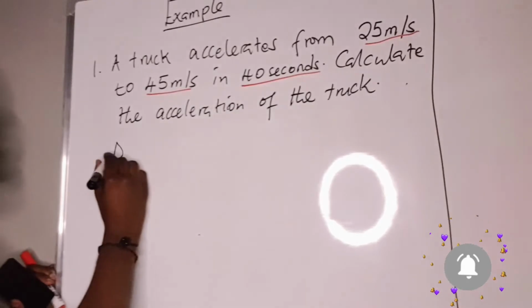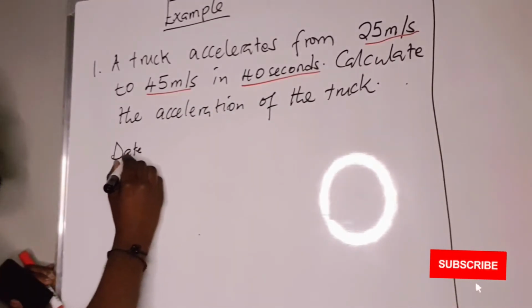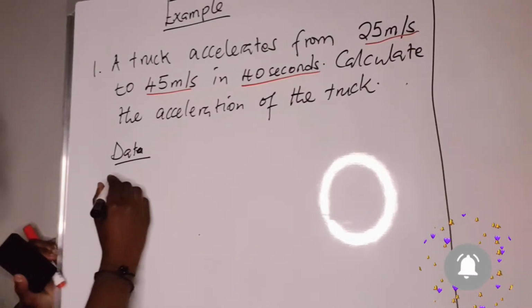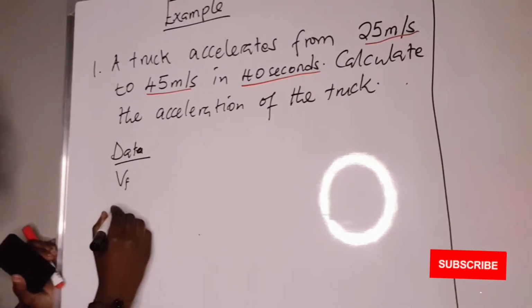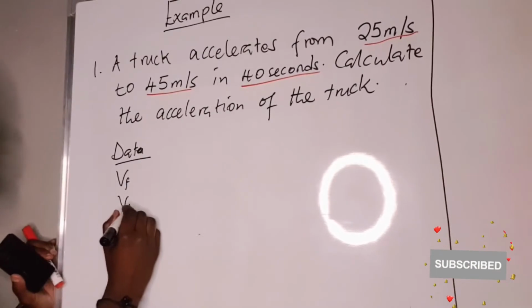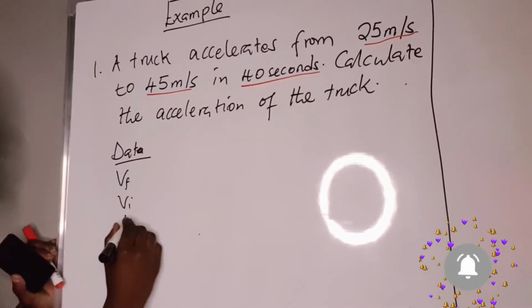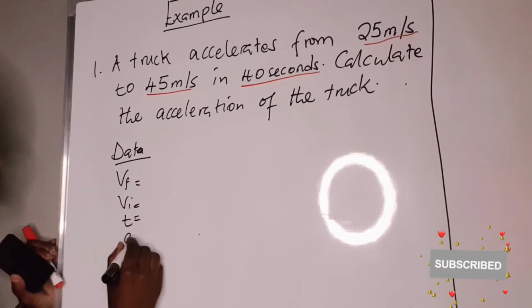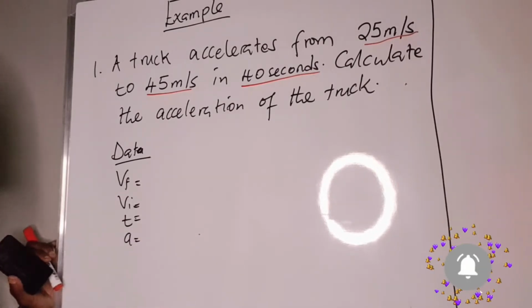So our data is going to be final velocity, the initial velocity, the time taken, and the acceleration which is being calculated.